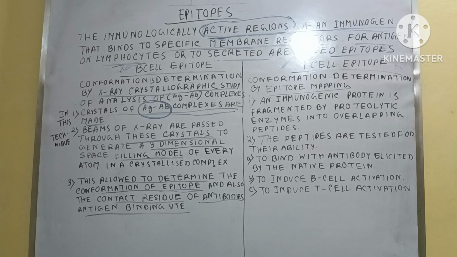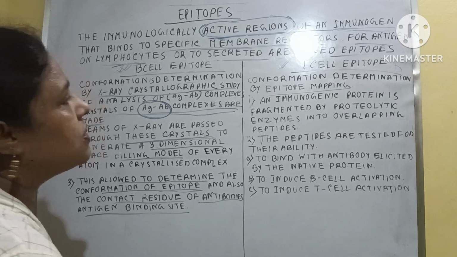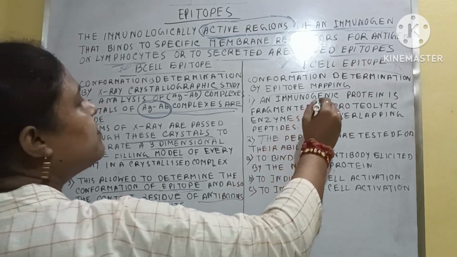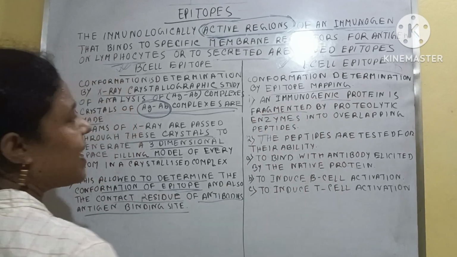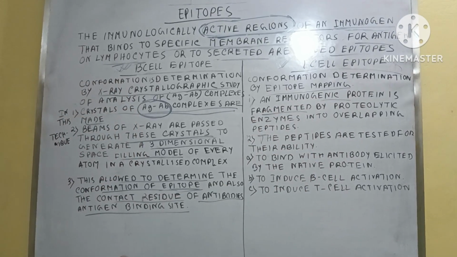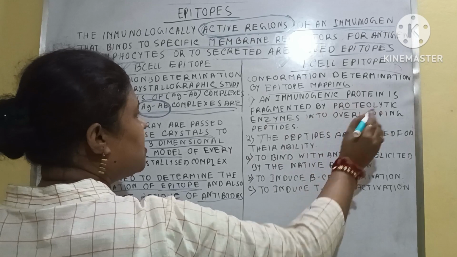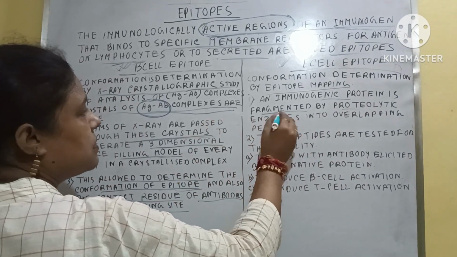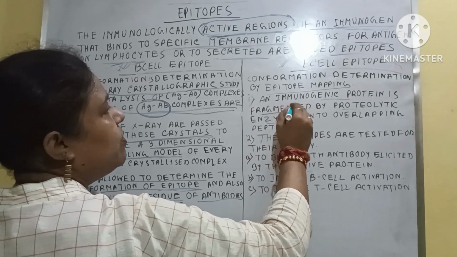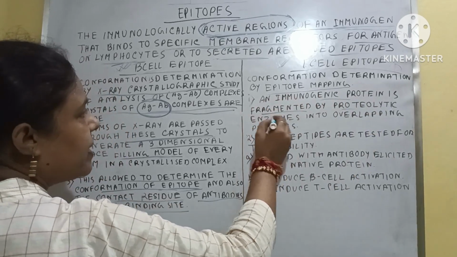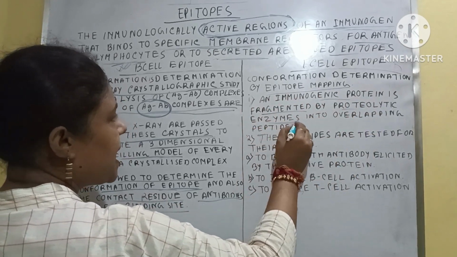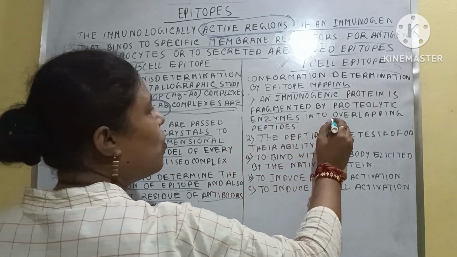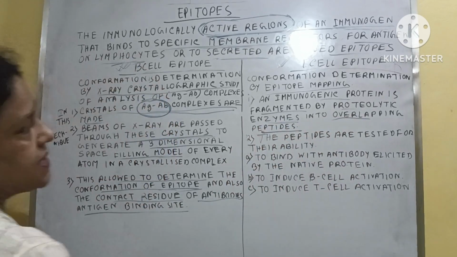So here, what is epitope mapping? The immunogenic protein is first fragmented by proteolytic enzymes, obviously, into overlapping peptides.